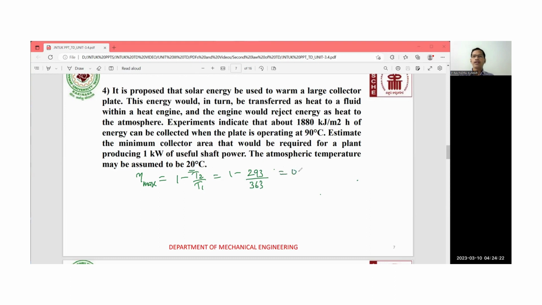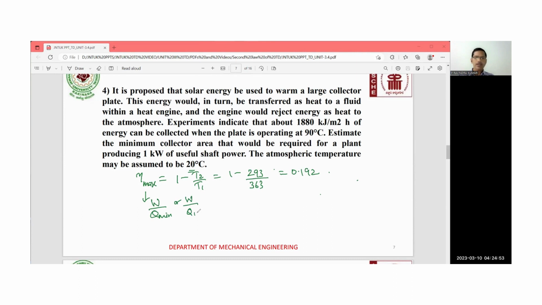The efficiency is 0.192. But what is this maximum efficiency? That maximum efficiency is nothing but equal to W net divided by the minimum heat input supply, W divided by Q1.